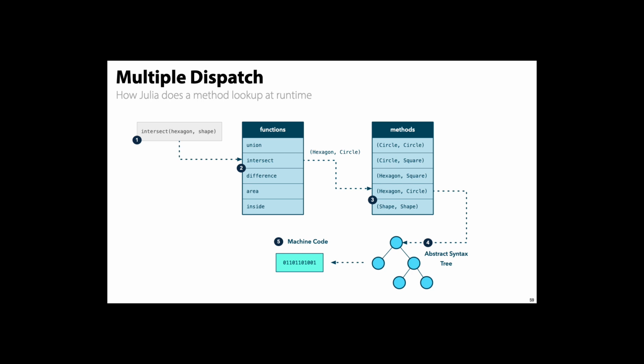It figures out that based on what the inputs are, it's going to know whether there's a hexagon or a circle or whatever it is that's coming in as an argument. And that means if it already knows where it's going to go in the lookup table, it can just go there directly. So you just skip this whole step.